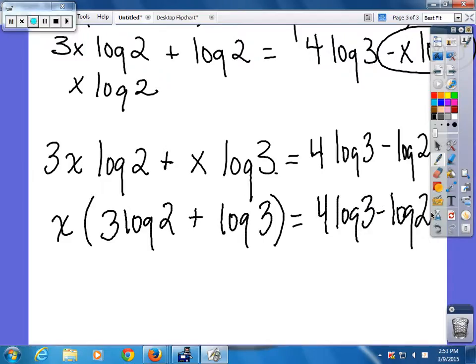Now what do you do to undo multiplying by all that stuff? Divide that stuff by that. Divide all.